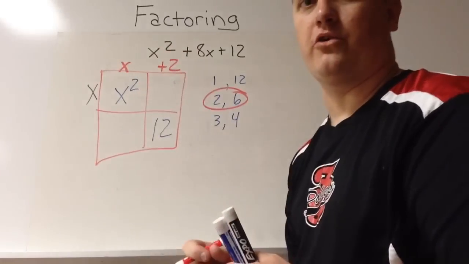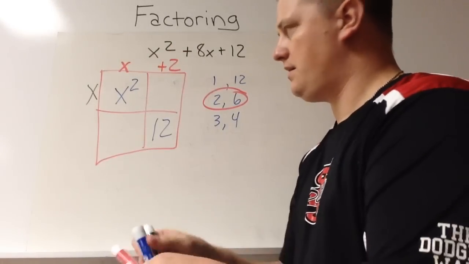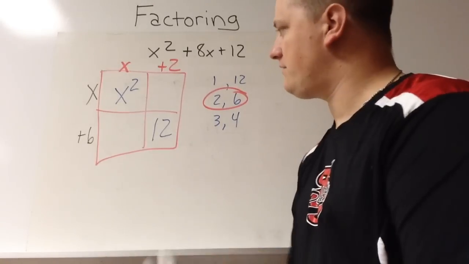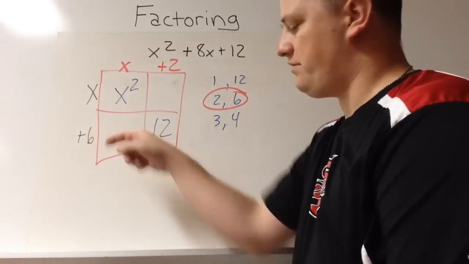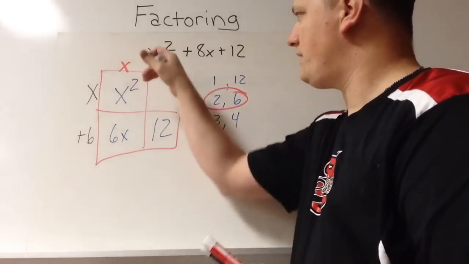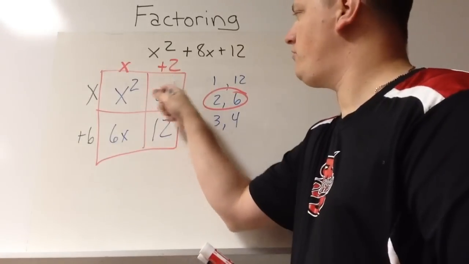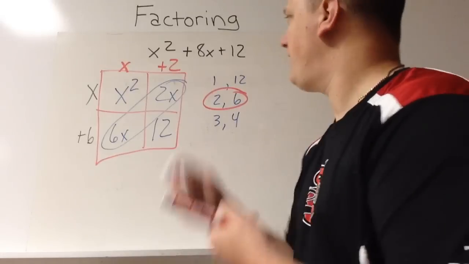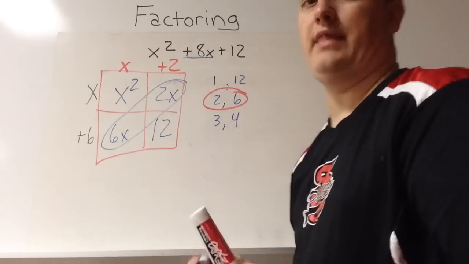We put a plus 2 because it's positive 2. Put a plus 6 because it's positive 6. So we take x times 6 and get 6x. Take 2 times x and get 2x. And then we have to add those together and see if it makes that.